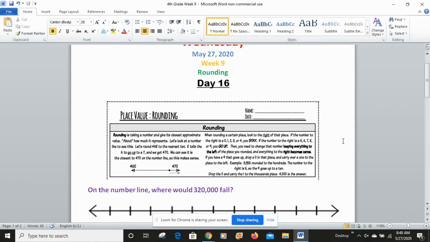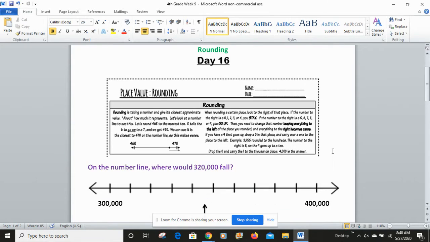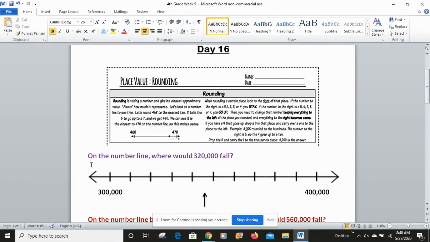And a number line can be a great tool for a lot of different things, but in rounding it can especially be a great tool to let you see where that number might fall as you're doing the rounding. So for this question right here, it says, on the number line, where would 320,000 fall?